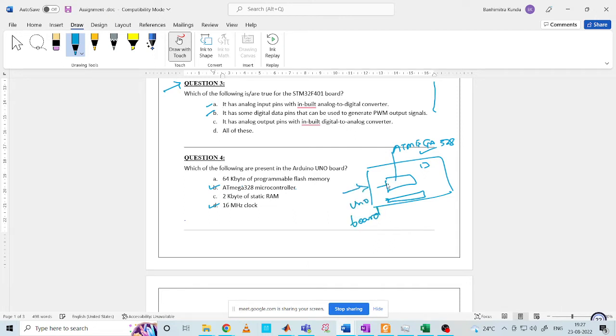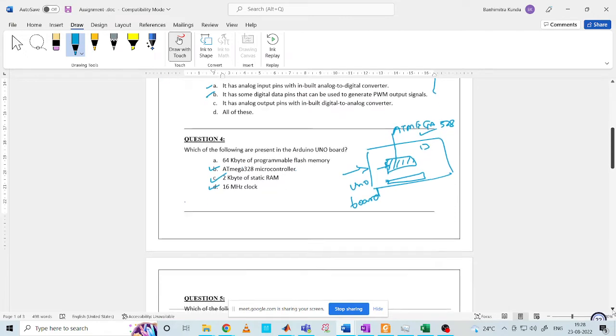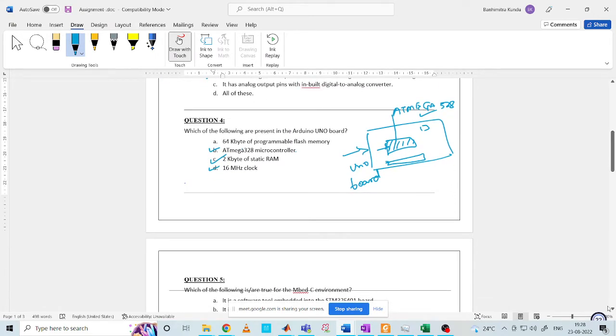And in this Uno board, this portion is the microcontroller. So B, C, D. Even C is also correct. So, whoever asked the question what is ATmega, was it clear? Yes, sir, it's clear now.